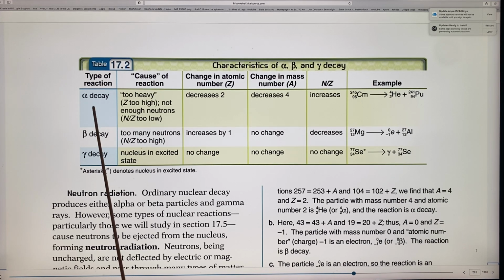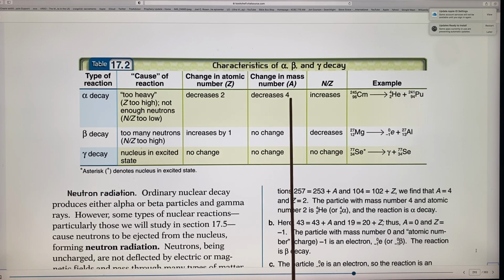So you have alpha decay: too heavy, Z is too high, not enough neutrons. The cause of the reaction is you have a very heavy weight to get rid of, so you're going to decrease Z, the atomic number, by 2 protons, and you're going to change the mass with 2 neutrons.